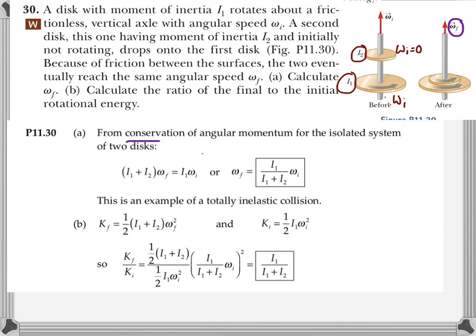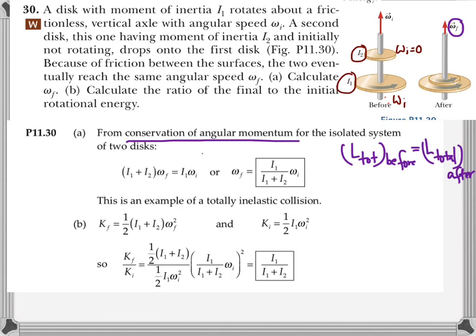So we are going to apply conservation of angular momentum, which says that total momentum before, L total before, is equal to L total after. So how do we do that?